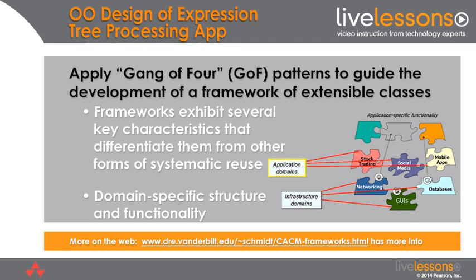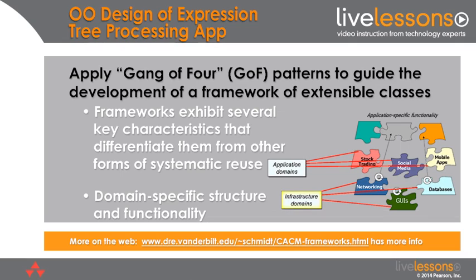These would deal with things in application domains like electronic stock trading, social media, mobile applications, avionics, mission computing, automotive, anti-lock braking, and so on. There are other types of domains, however, that are more infrastructure-oriented, things like networking, databases, graphical user interfaces, and so on. Both of these classes of frameworks are examples of things that have systematic reuse.